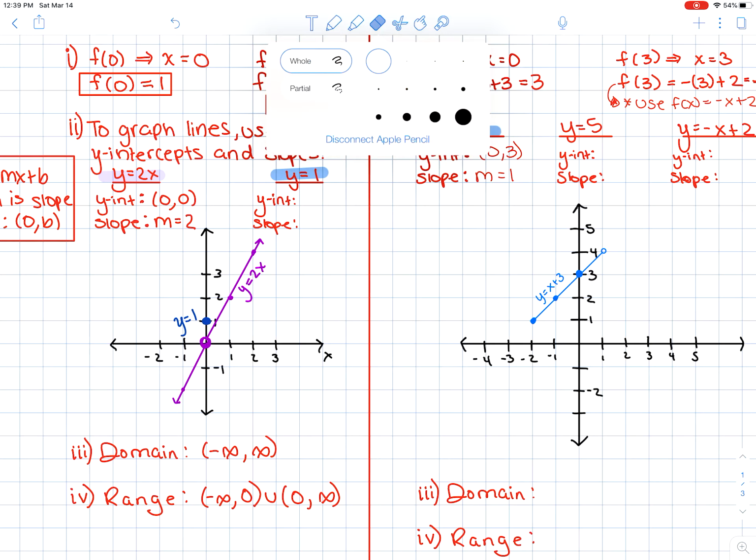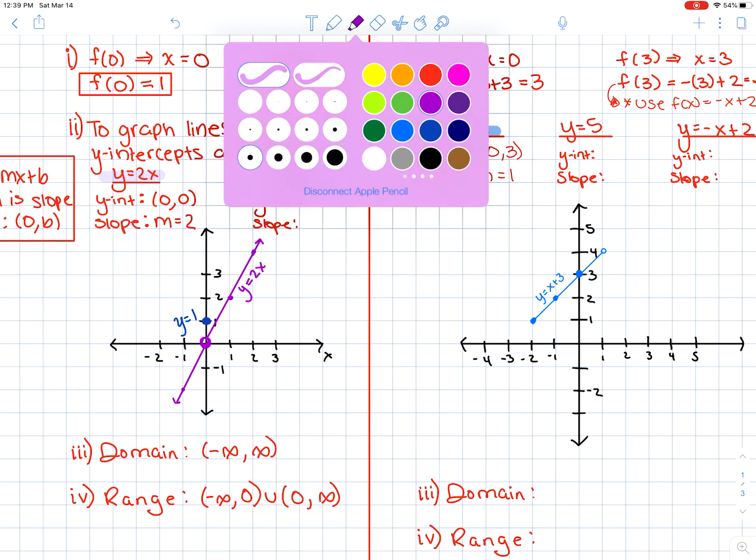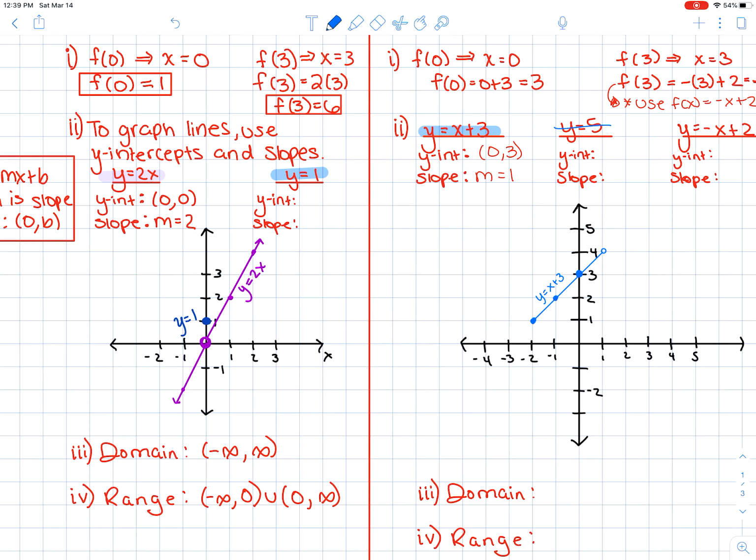Okay, next we have y equals 5. So that's an easy one. And we'll do that one in purple. Okay, so the y-intercept is 0, 5.